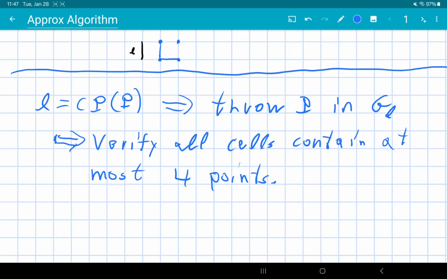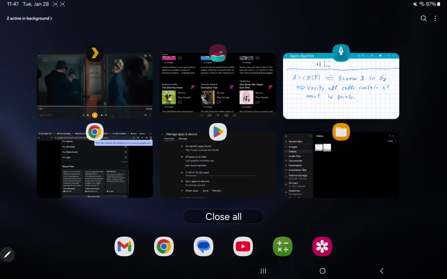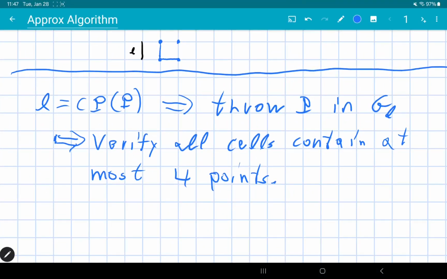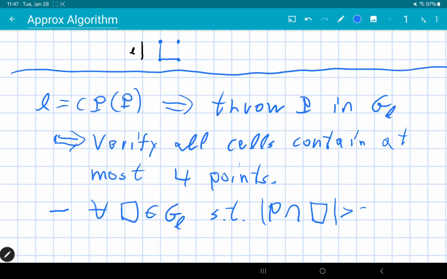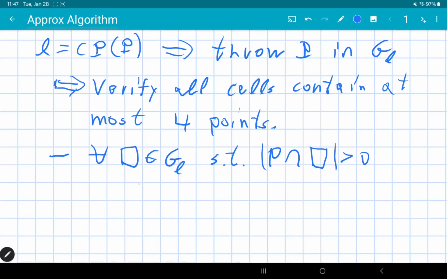So that's easy. In fact, what you should be doing is the following: for every grid cell in G of L such that the cell contains some points of P, compute.